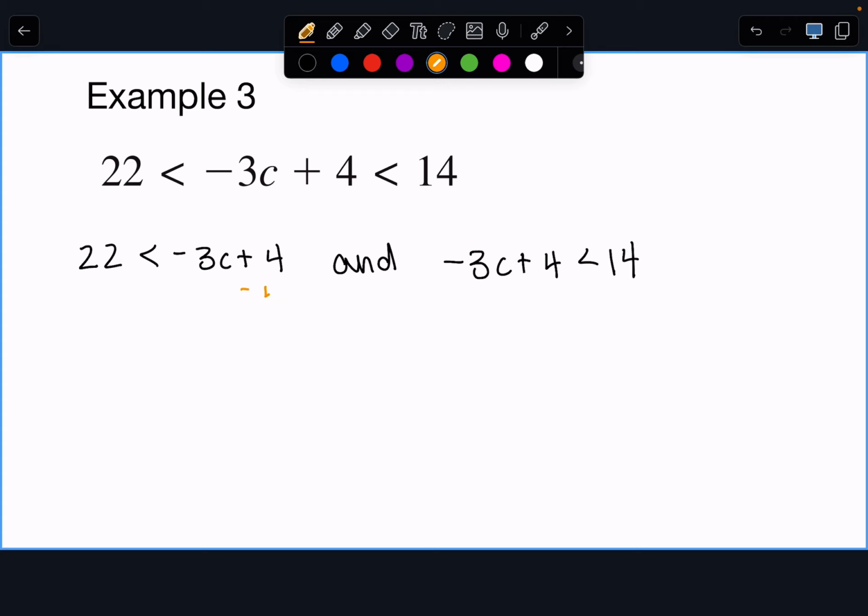We will need to subtract 4 from both sides, so that we have 18 is less than -3c. Okay, now we have to be careful because what happens when we divide by -3? Okay, our sign switches. So we have -6 is greater than c.